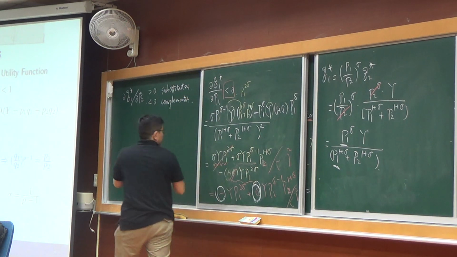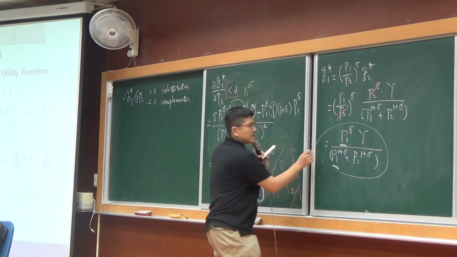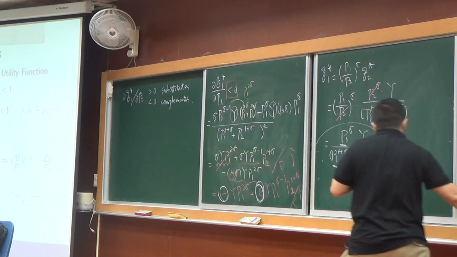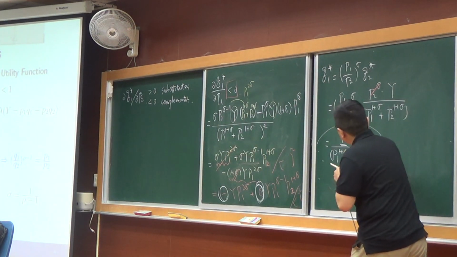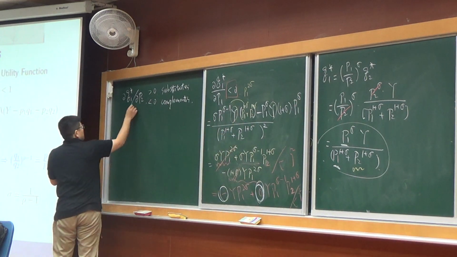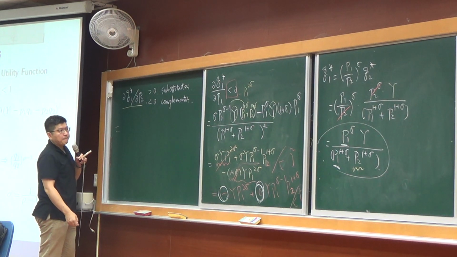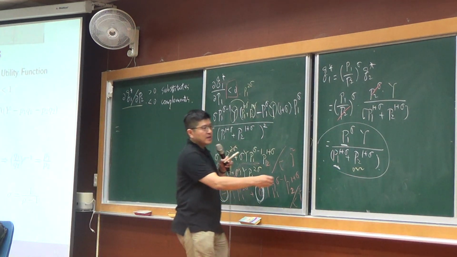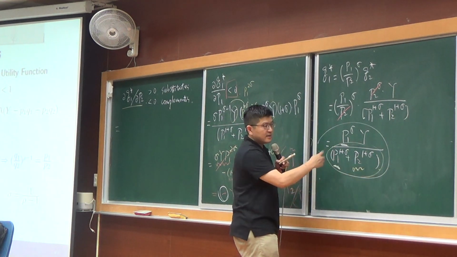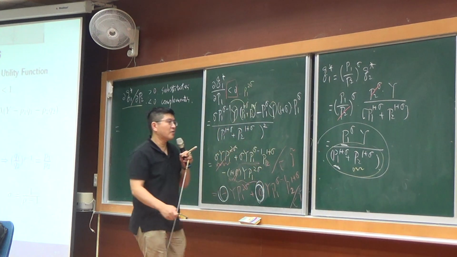Okay, so let's check. Now Q1, the result here. So we have P2 here. So this equals, you may regard this term as a term here, but to the power of -1.